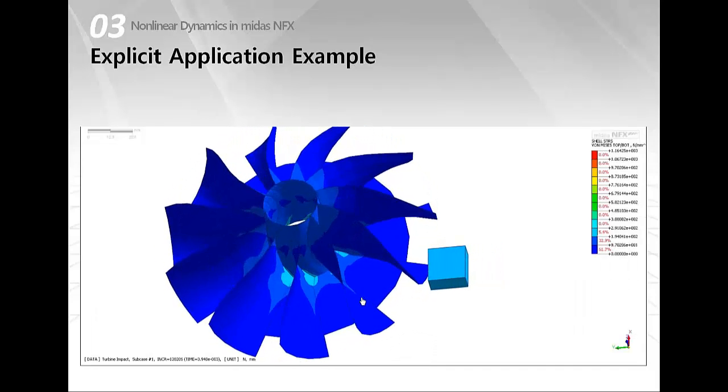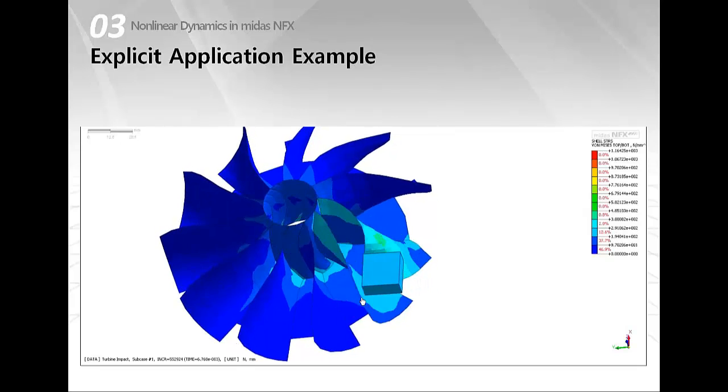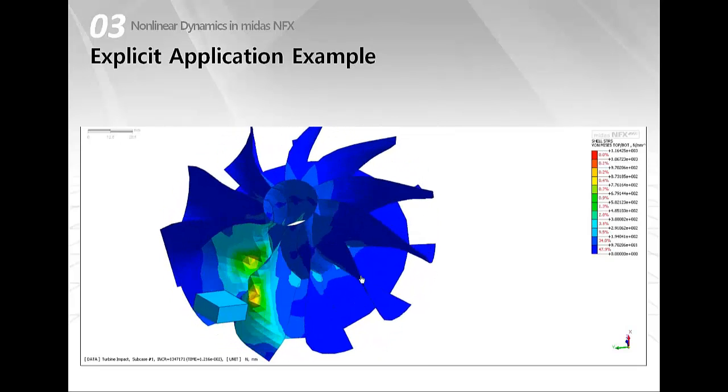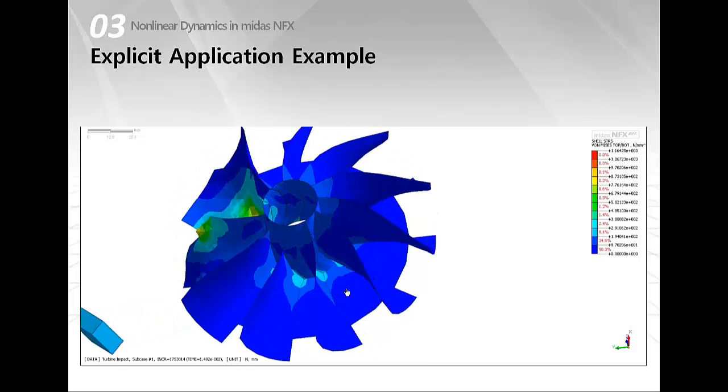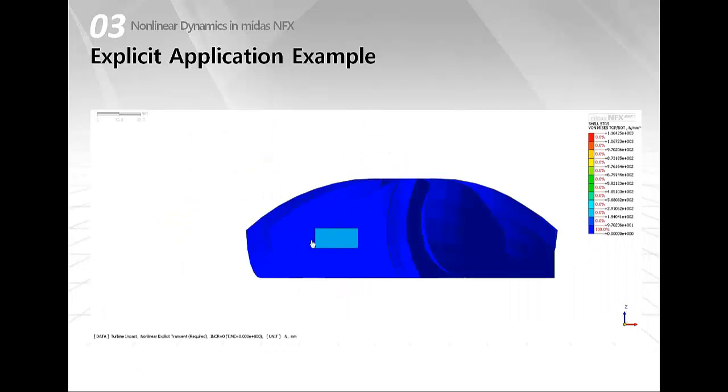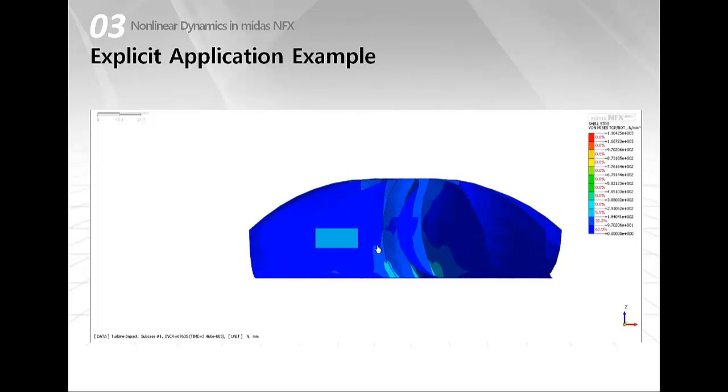Then a block is impacting the turbine, and you can see that the turbine goes in the opposite direction. So using this kind of explicit analysis, you can predict the plastic deformation of your turbine. So it's a very important analysis in, for example, aeronautics.